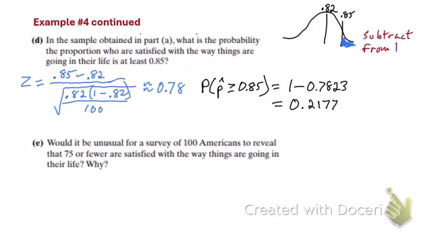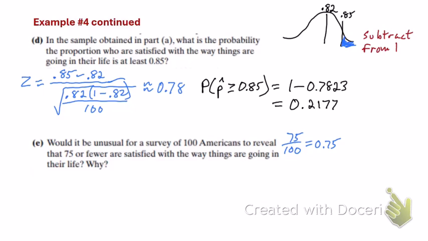Now, that said, look at part E. Would it be unusual for a survey of 100 Americans to reveal that 75 or fewer? Now, look what they're doing to you. They're giving you a number, not a percent. In part D, they gave you a percent to shoot for. Here, they're giving you a number. So what do you have to do? Yeah, exactly. You got to find the p hat.